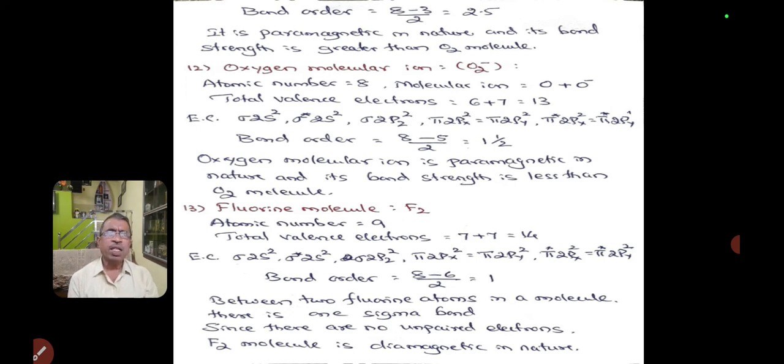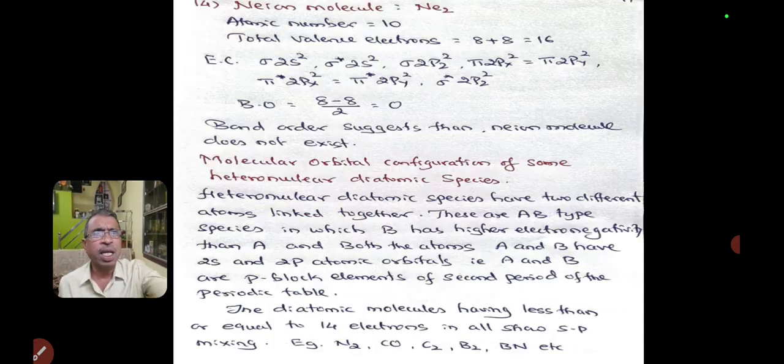Coming to the next, the fluorine molecule, whose atomic number is 9. The total number of valence electrons will be 14, and the molecular electronic configuration you must be able to draw. The bond order becomes 1 and between the two fluorine atoms you have one sigma bond. Since there are no unpaired electrons, the fluorine molecule is diamagnetic in nature.